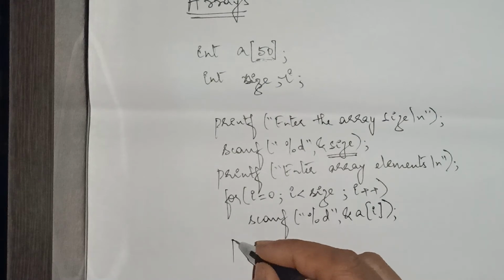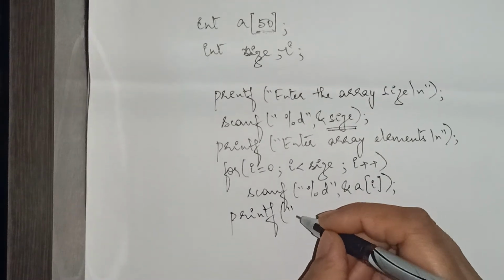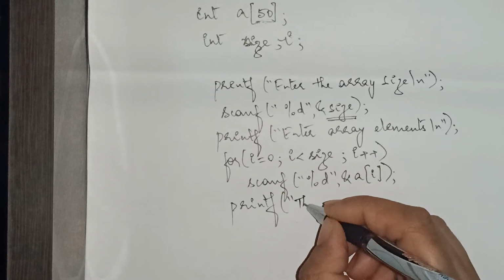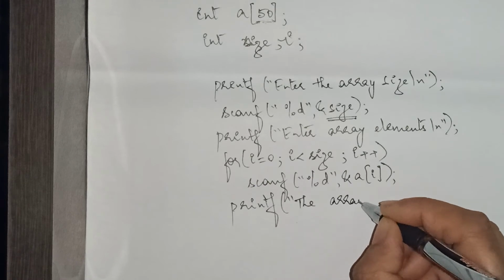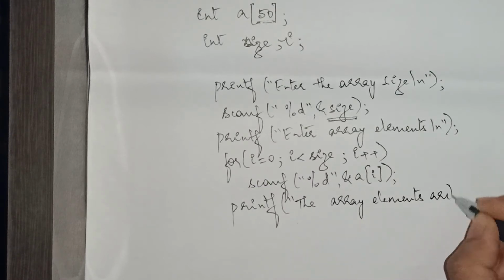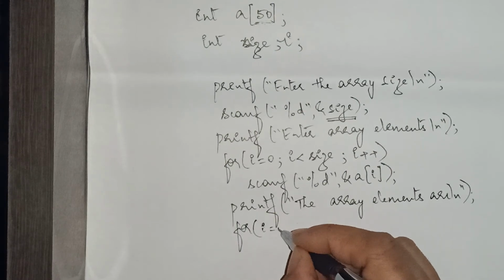Similarly, printf, if you have to print the array elements, you give i equal to 0.